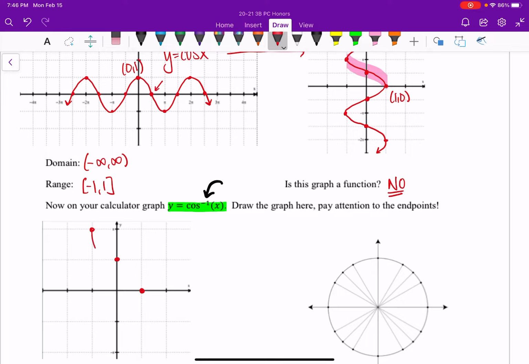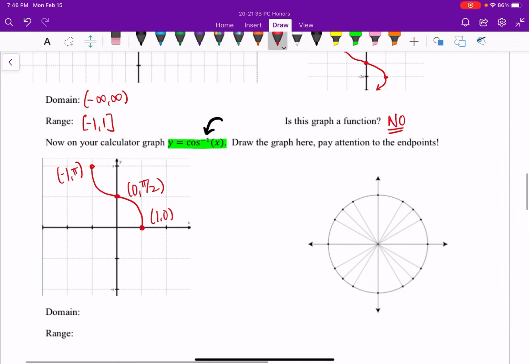So we get these three key points, (1, 0), (0, pi over 2), and (-1, pi) that we'll use when we transform this graph. So our new domain is -1 to 1, and my range is 0 to pi.